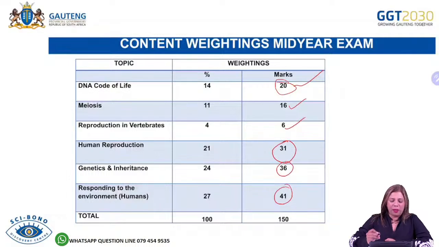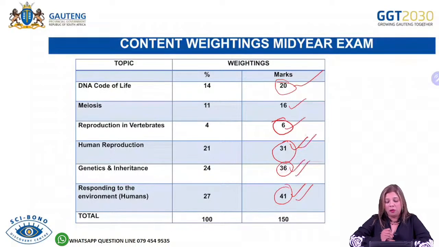So, instead of spending extra time on reproduction in vertebrates, which is 6 marks, yes, you must study it, but I would devote a lot more time to responding to the environment, which is 41 marks, human reproduction, which is 31, genetics and inheritance 36, and DNA code of life. So you need to look at your list and then decide how you're going to study.